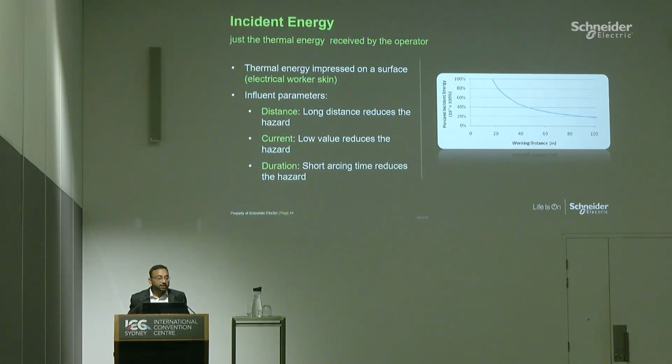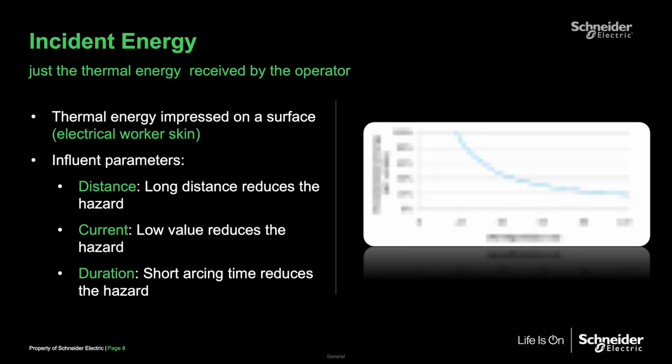From here, let's understand the principle of arc flash with this term, which is very important to decide the mitigation technique, which is incident energy. Let's understand the synonyms of incident energy. If it looks too technical, let us call it dissipated energy, an energy which comes out as an aftermath because a flashover has happened. So it will be a thermal energy. It influences parameters like distance, current, duration.